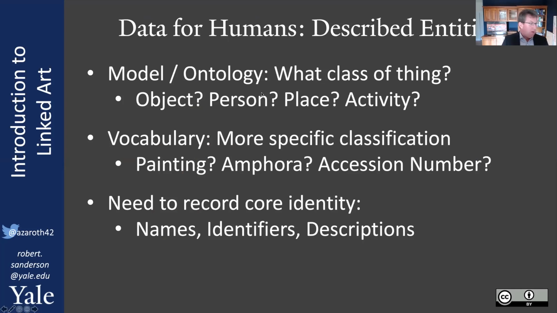First of all, at the data for humans level, we need to know what sort of thing we're talking about. Is it an object, a person, a place, an activity? We then need some vocabulary terms, such as being able to classify those entities to be more specific for the domain. So, there's an amphora, what's an accession number, and so on. And then we need to record that core identity, such as names, identifiers, and descriptions.